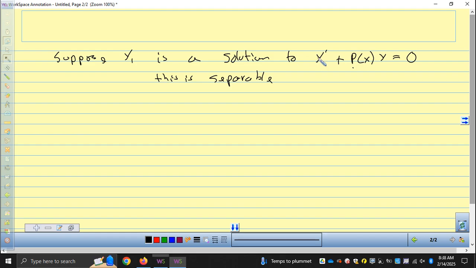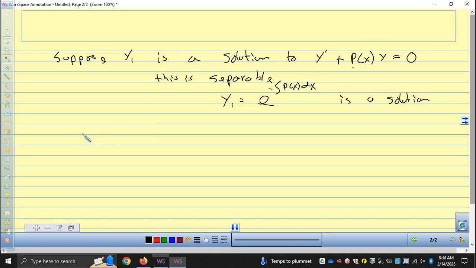So I'd write dy dx, get all the x's together, get all the y's together, the way we usually do. And when we solve that, we would get y1 equals e to the negative integral of p of x dx as a solution.